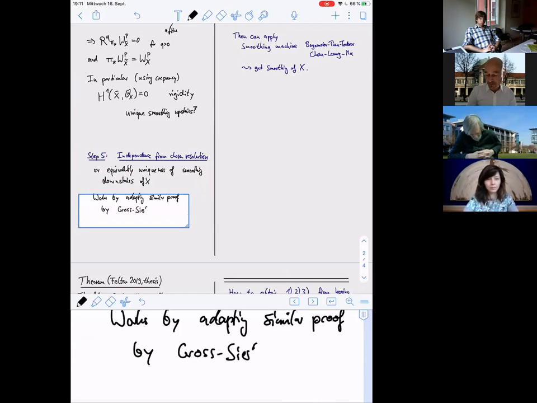So Mark and Van proved something in a similar situation. It's a different setup, but the proof can be adapted.